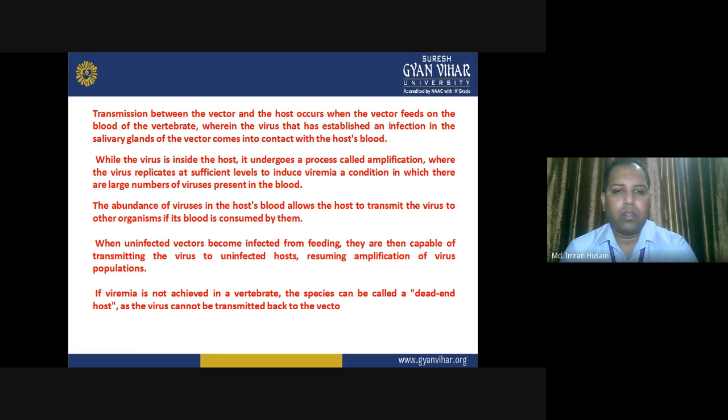When vectors become infected from feeding, they are then capable of transmitting the virus to uninfected hosts, resuming amplification of virus population. If viremia is not achieved in a vertebrate, this species can be called a dead-end host, as the virus cannot be transmitted back to the vector.